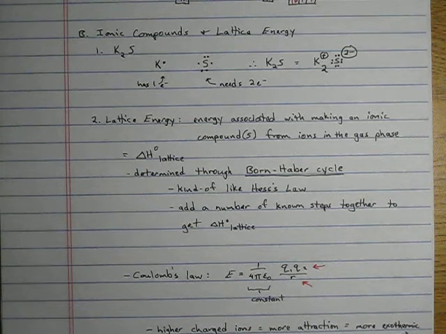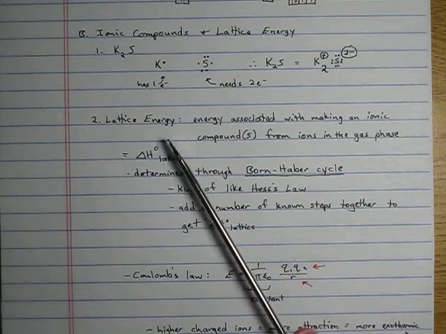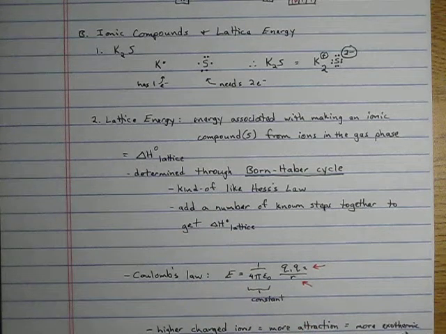You really never just take ions, put them in the gas phase, that is difficult to do, and then just have them come back down in a deposition reaction and go from gas to the solid. That's rarely done. And so this lattice energy is actually very difficult to measure.